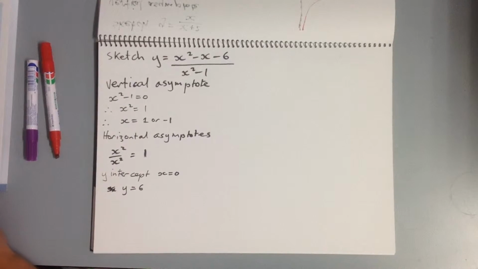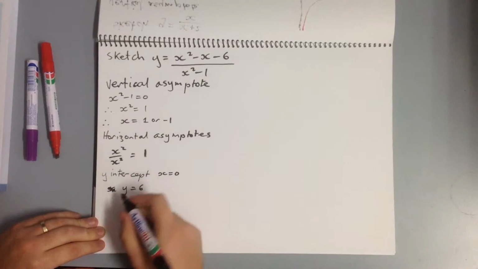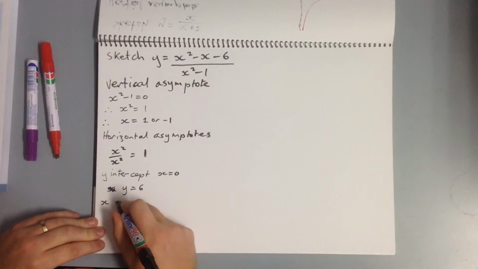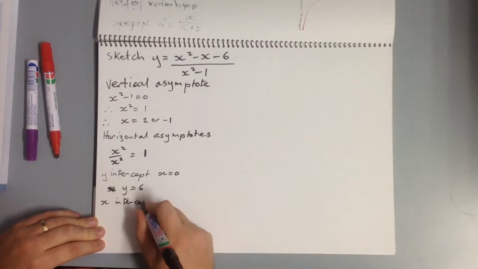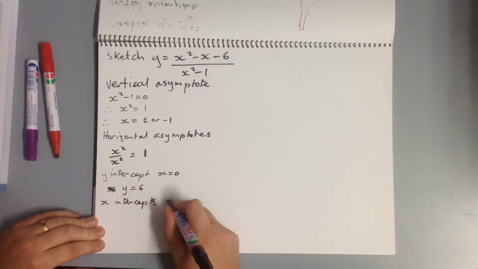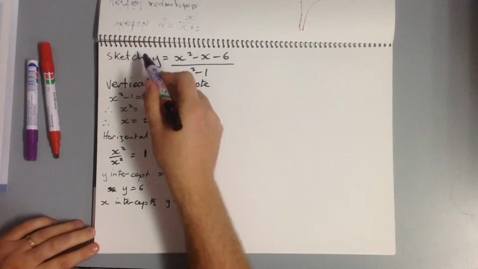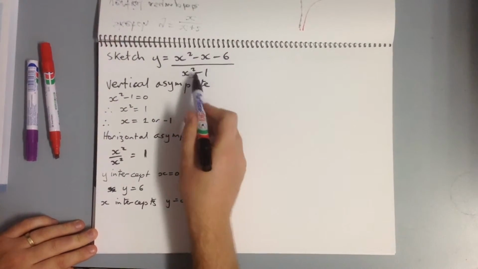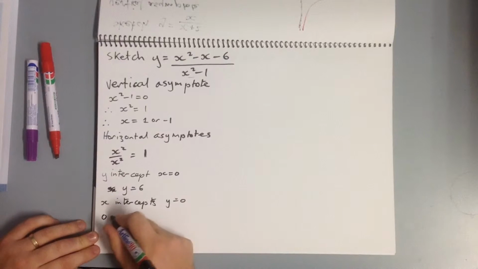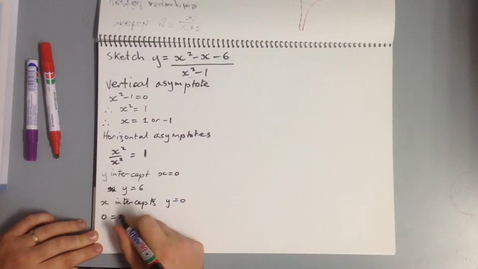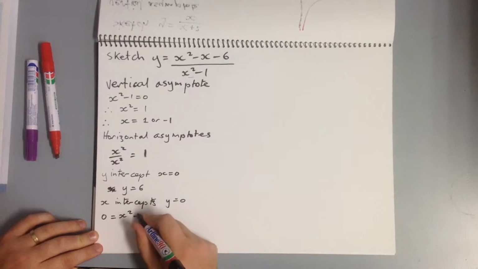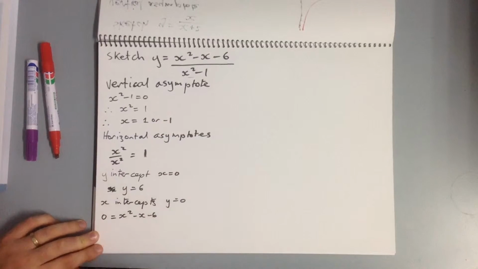And for our x-intercepts, y equals 0. So we make y equals 0. Well, we can just multiply this bottom line across, so really we end up just saying it's when our numerator is equal to 0.